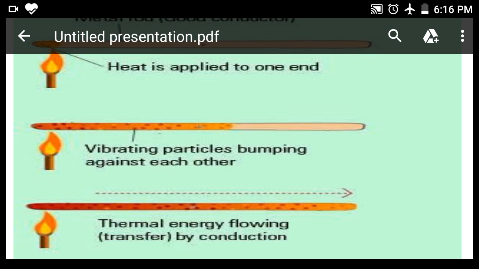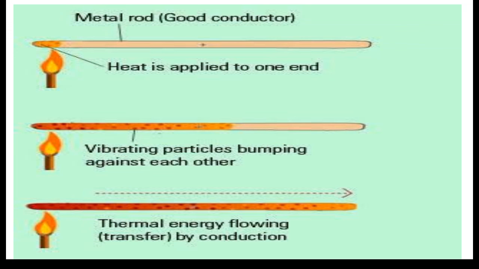So here, starting at one end, the end which is in direct contact with the flame becomes hot, and then slowly from that hot end the heat starts moving to the colder end of the metal rod.